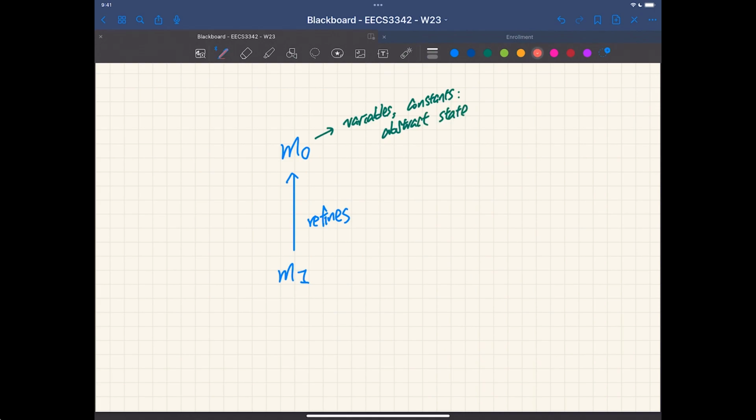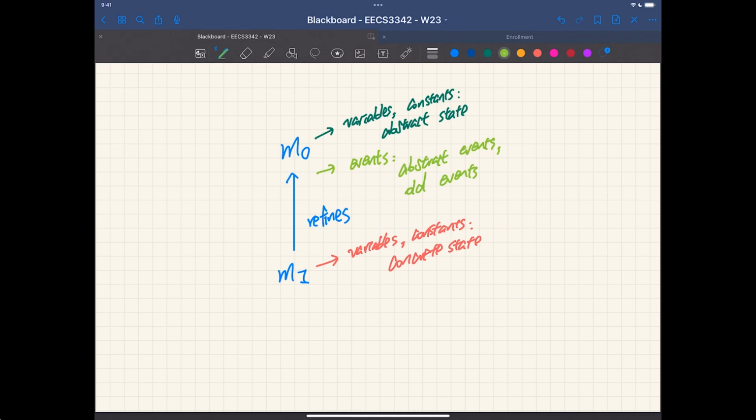On the other hand, the collection of the variables and the constants in M1 will be called the concrete states. And accordingly, not surprising, the events in M0 are called the abstract events. We also sometimes have to call them old events. I will try to make the distinction a little bit further, maybe next time. For today, that's okay. Just remember, sometimes we might say abstract events, sometimes we might say old events. Okay? Just for today, it's okay.